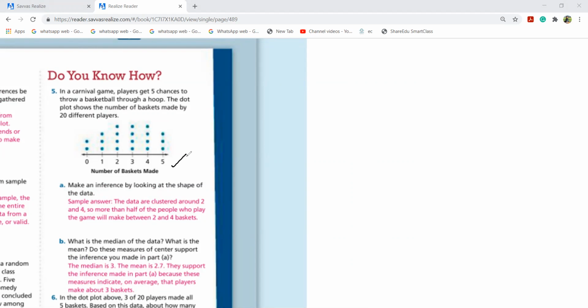Yes. So the players get 5 chances to throw a basketball. That's why they just put 5 chances. They put 0, 1, 2, 3, 4, 5.